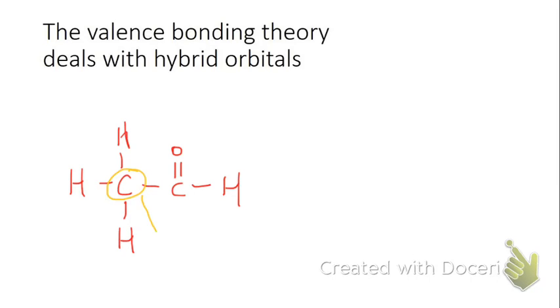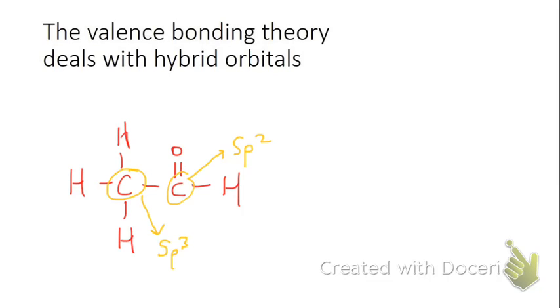Well, let's look at it. It's got 1, 2, 3, 4 bonds, 4 single bonds, and so if it's bonded 4 times singly, it has to be sp3 hybridized. So then let's look at this carbon, the one on the right. It has 4 bonds, like it should. 1, 2, 3, 4. But we notice it has a double bond to an oxygen. Anytime you see a double bond, you should automatically think sp2.